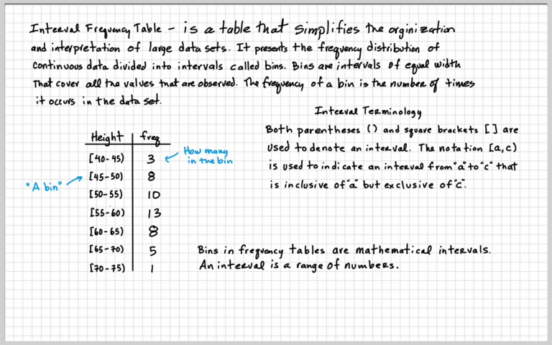And so here in the last bin, you can see that you include 70, 71, 72, 73, 74, and all of its continuous values. But you won't include 75.